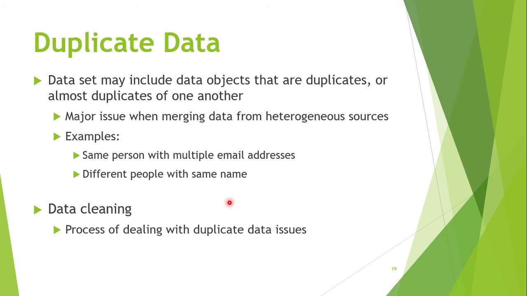Duplicate data. Data set may include data objects that are duplicates or almost duplicates of one another. Pag sinabi mong duplicates, more than one copy of the same data. Now, major issue when merging data from heterogeneous sources. Examples, same person with multiple email addresses.